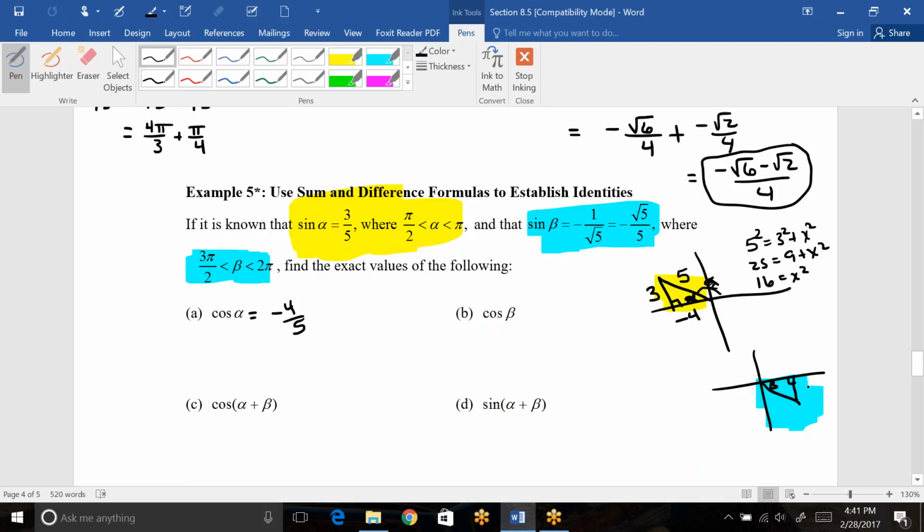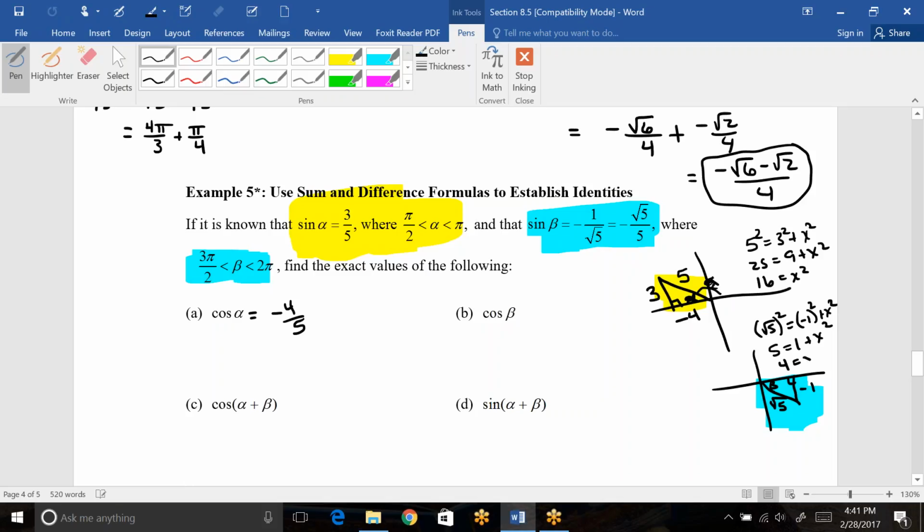So remember, sine is opposite over hypotenuse, and hypotenuse is always positive, so that's why I know the negative goes with that. And then I need to do Pythagorean Theorem again. So c squared, square root of 5 squared, equals -1 squared plus x squared. So this would be 5 equals 1 plus x squared.